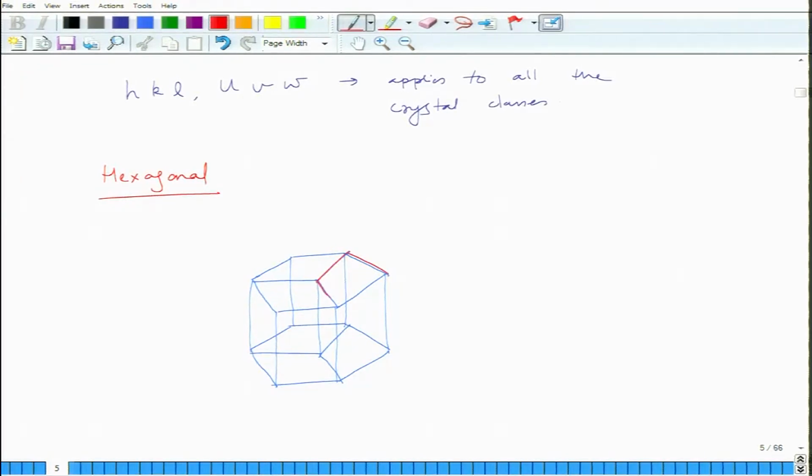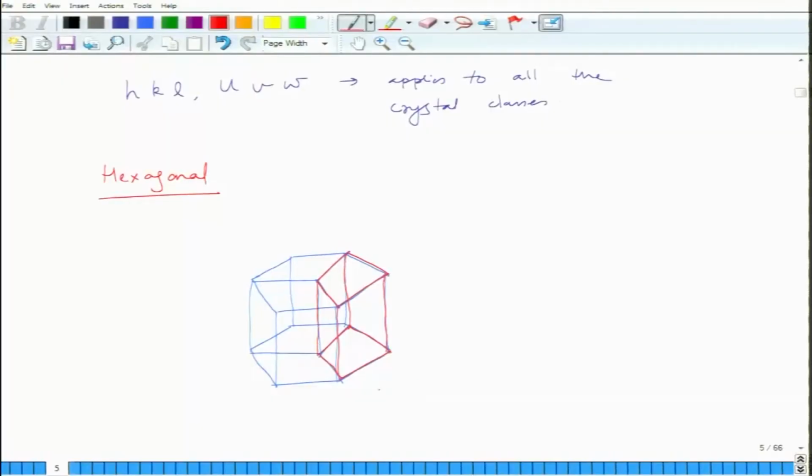It is not drawn very nicely, but I hope you can see what I mean. This is 1/3 of the hexagonal unit cell, which is a single unit cell. Now, this single unit cell can be represented very well by the 3 axis system by HKL and UVW.